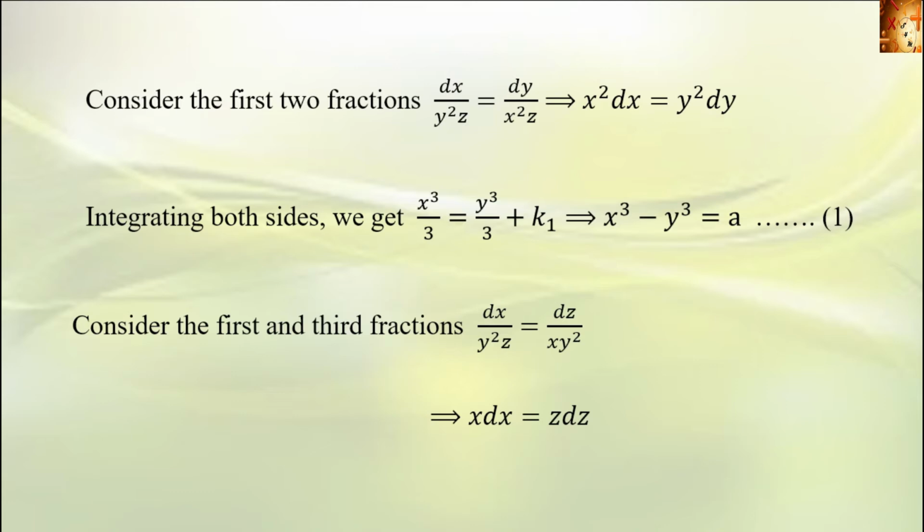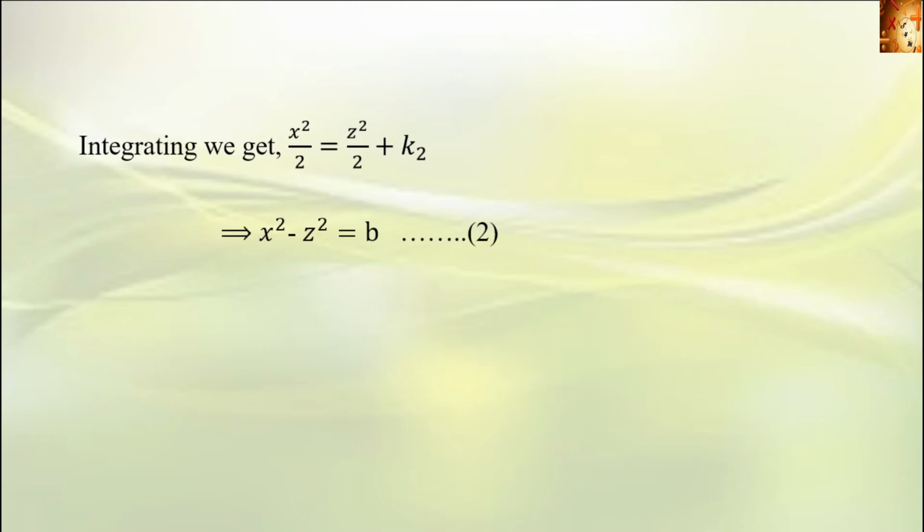Then on integrating both sides we get x square by 2 equal to z square by 2 plus a constant, taking it as k2. Then rewriting this one we get x square minus z square equal to 2k2. 2k2 is taken as b, so x square minus z square equal to b, which means v equal to b form.